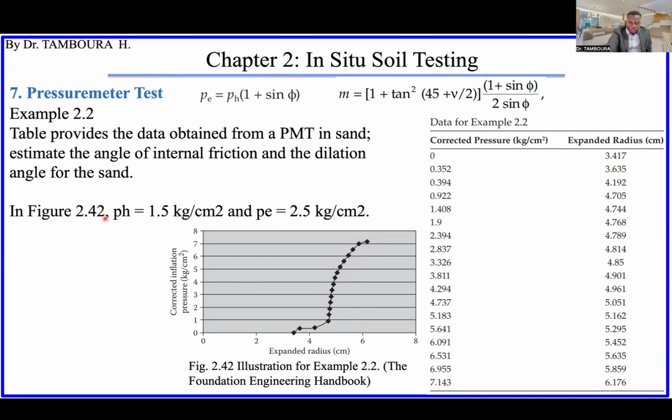So in this figure, the horizontal one is about this 1.5. This limit, the limit of this zone, 1.5 about this. Maybe the linear portion is around here, and this is the last portion.